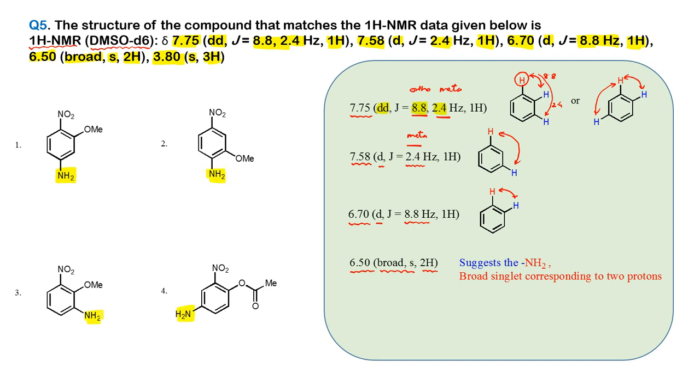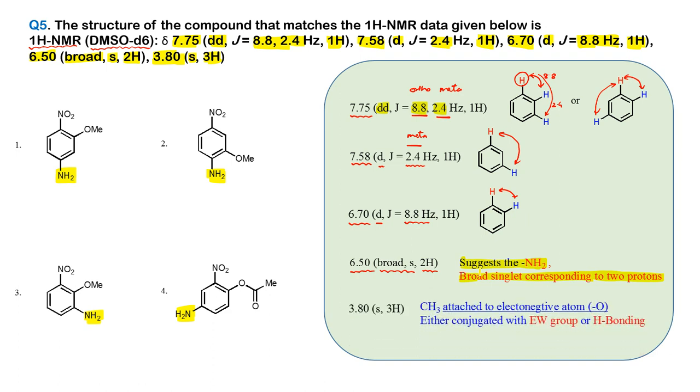So we can directly say that these two protons with the broad singlet have to be meant for the NH2. The broad singlet can be assigned to two identical protons. This directly suggests the NH2. But in this case, we are not able to identify the exact position.